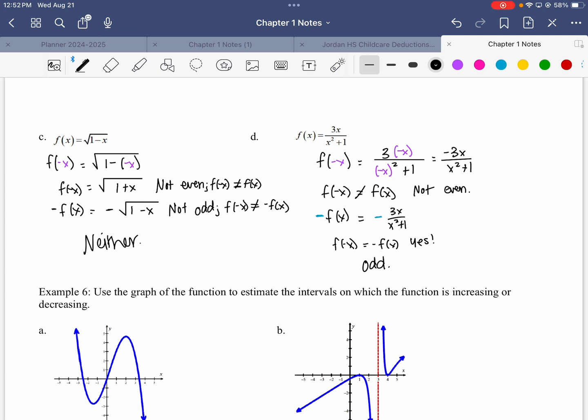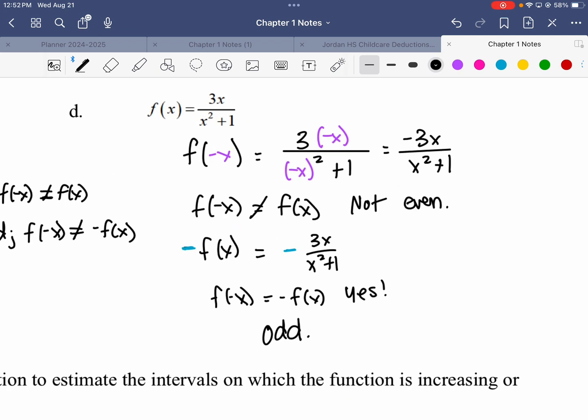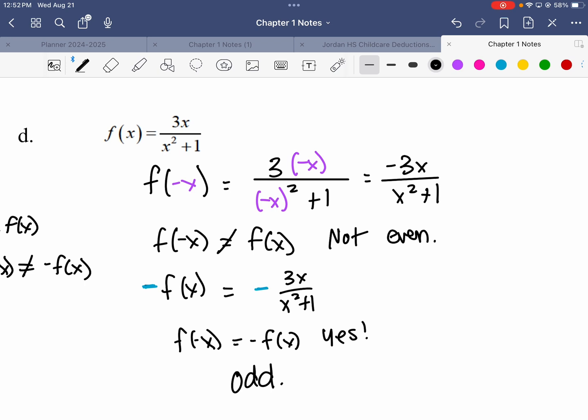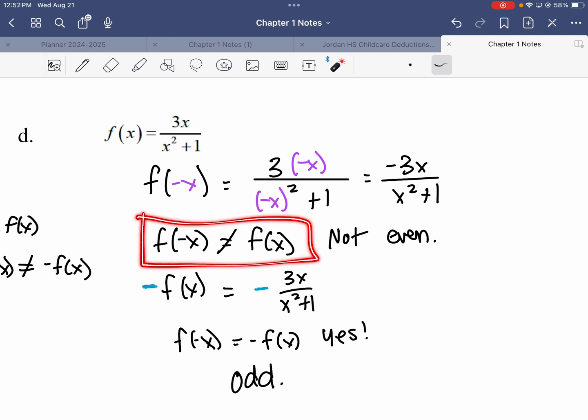How do we feel about those ones? I know they're tricky, but are we okay, we think? Yeah. Since the negative 3x over x squared plus 1, that was the even one, and that was incorrect. But then the odd one. Okay, so it goes back to the definition. The definition of even says that f of negative x would equal f of x.